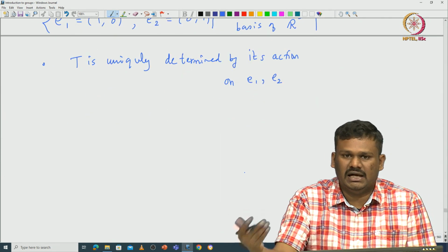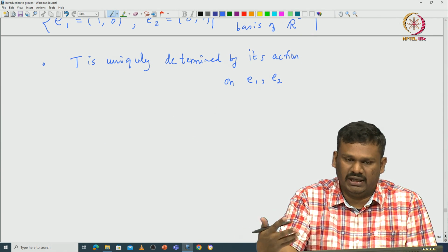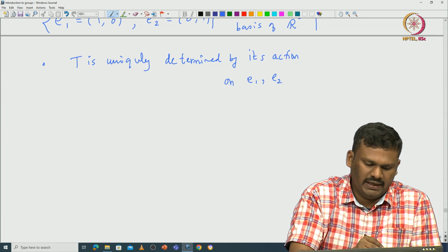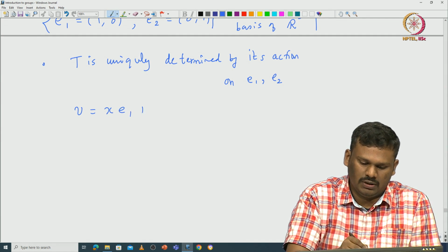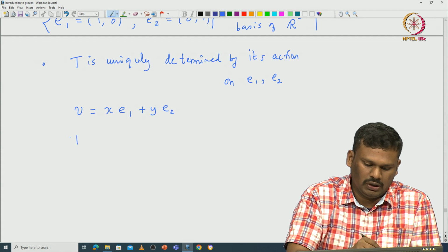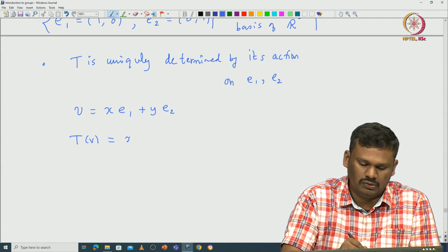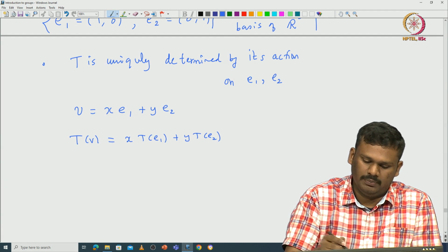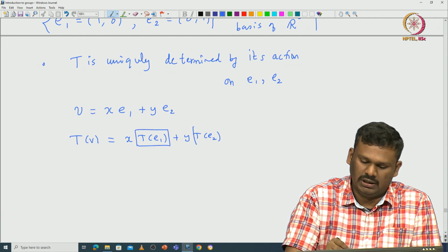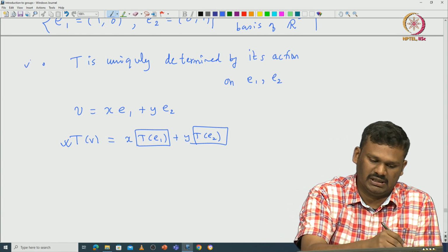Once you know what T of E1 and T of E2 are, then you can write down T of V for any V. Why is it true? Because if you start with V, you know there exist x and y such that V equals x E1 plus y E2. Writing T of V using linearity, this is exactly equal to x T of E1 plus y T of E2. So, if you know T of E1 and T of E2, you are able to write down T of V. That is what this statement says.